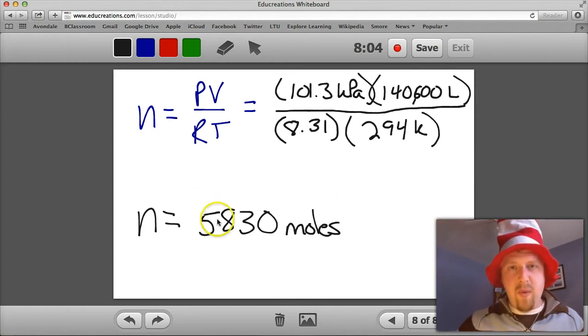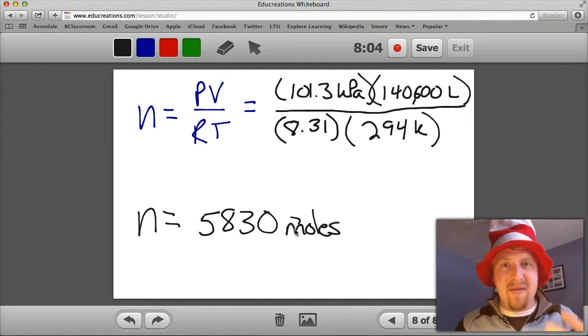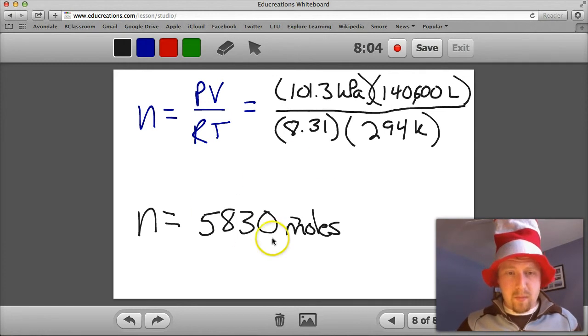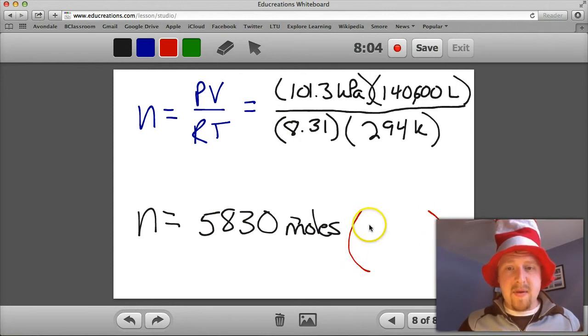So, if we wanted to find the actual mass of the air in the room, we could do that by multiplying by the molar mass. So 5,830 moles times 29 grams per 1 mole.